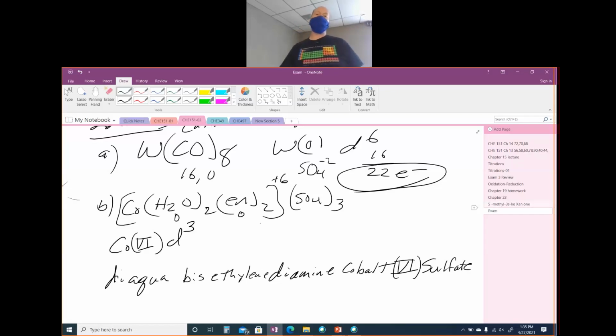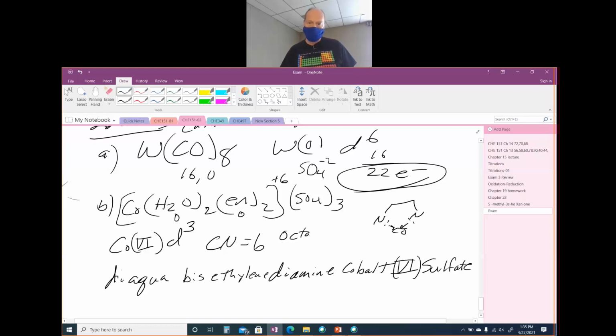All right, and so if we want the coordination number, we have 2 coordinations for the 2 waters, but remember ethylenediamine, 1 ethylenediamine coordinates in 2 spots. All right, and so coordination number is 6 because we have 4 for the 2 ethylenediamines and 2 for the waters, and so we are octahedral.